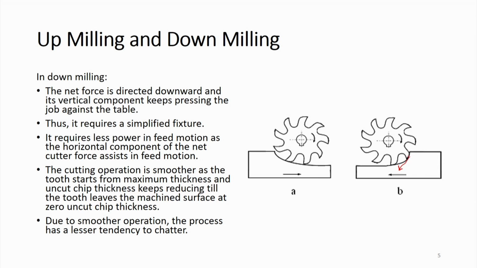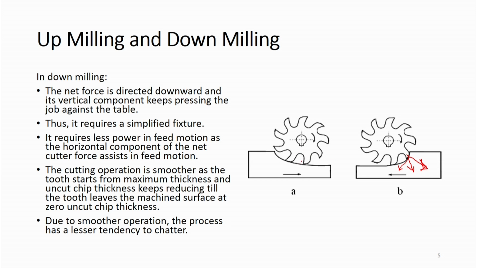At the same time, in the radial direction, there is a force like this, and therefore the resultant is like this. So, the resultant component is downward inside. So, it keeps pressing the job against the table. Therefore, it requires a simplified fixture.